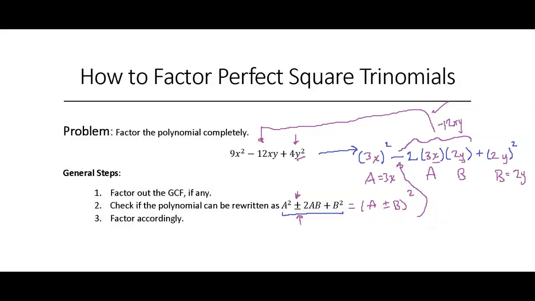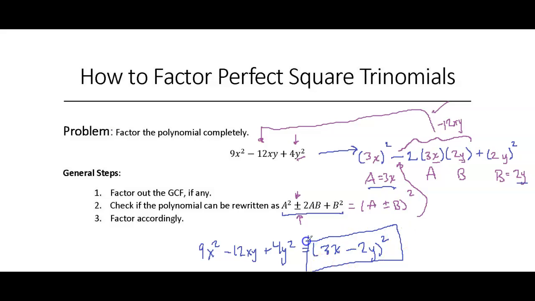Since we had a minus, our polynomial 9x squared minus 12xy plus 4y squared will factor to a minus b. Our a is 3x, minus b, 2y, squared. And that is all.